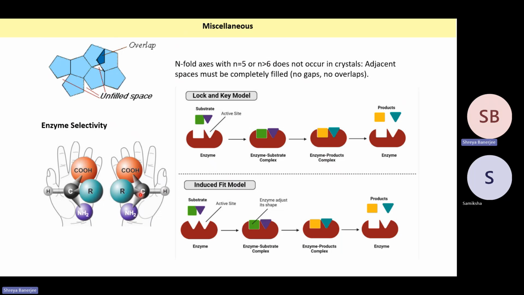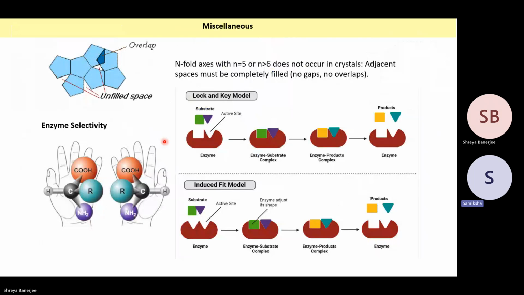So different enantiomers will react differently, and the placement of groups around the enantiomer is what leads to selectivity in enzymes. So that is another basic application of this chirality that is mentioned here.